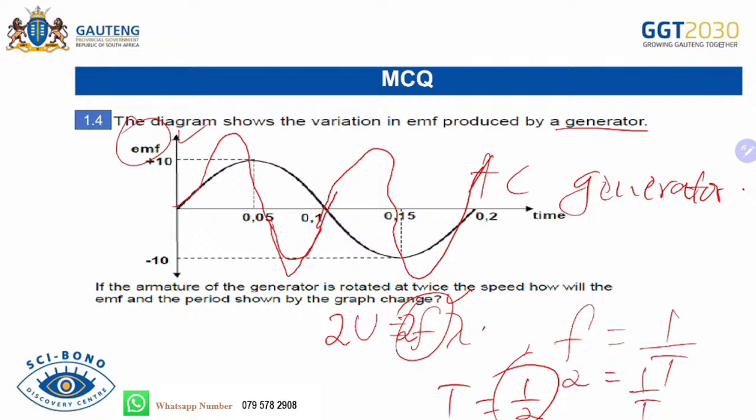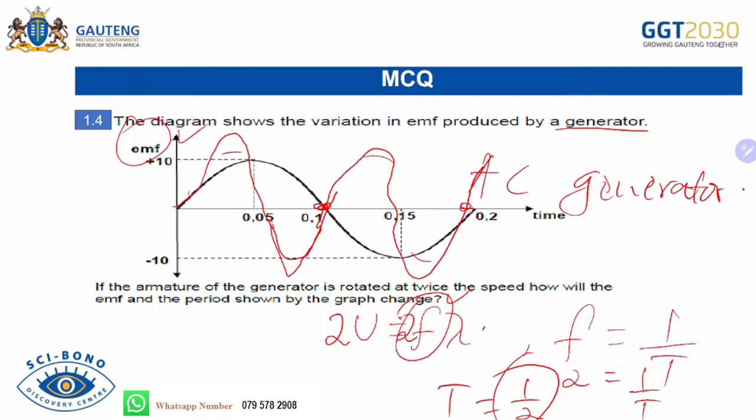It was 1. But now, because we've increased the speed by the factor of 2, we are going to have 2 waves in 0.2 seconds. So we can see it's 1, then 2. Because we've increased the speed by the factor of 2, frequency will also increase by the factor of 2.